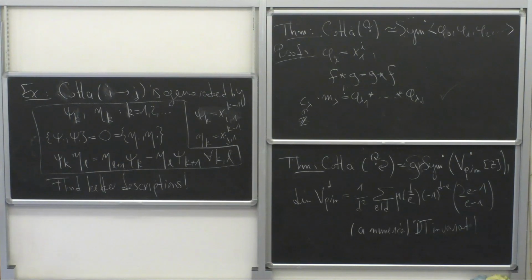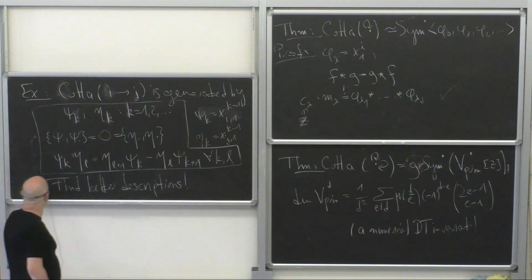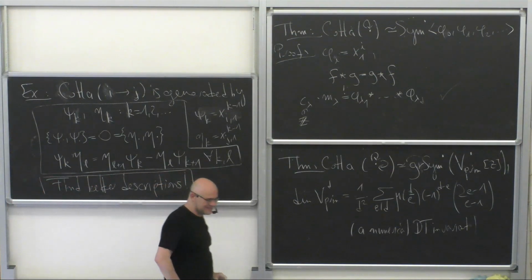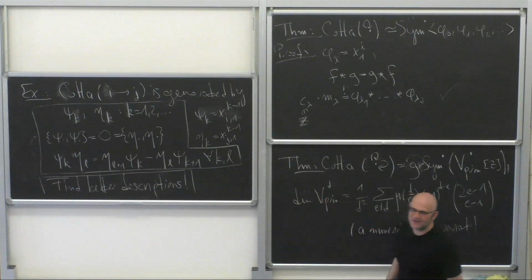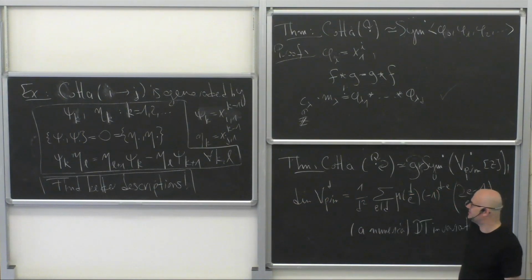This is a really strange kind of relation, and there should be better ways. I think there are structural approaches to finding better descriptions, but just doing an ad hoc approach would also be helpful. There might be a description which nobody has yet thought about, which might be much better than this. So if you're interested in getting your hands on the COHA, find a better description just for this COHA. I think there's something going on there.